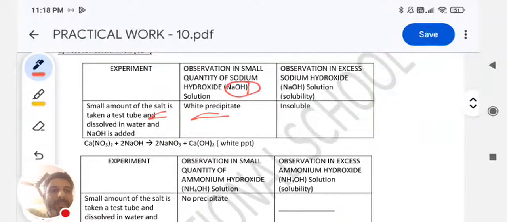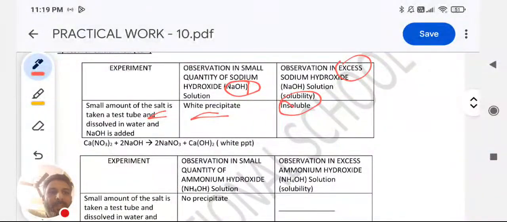And this white precipitate is insoluble in excess sodium hydroxide solution. So calcium salt solutions will produce a white precipitate with sodium hydroxide, and those white precipitates are insoluble in excess sodium hydroxide.